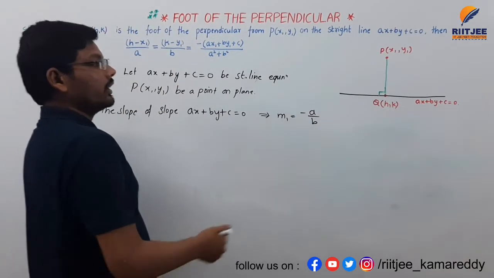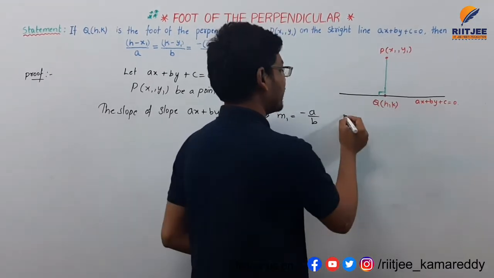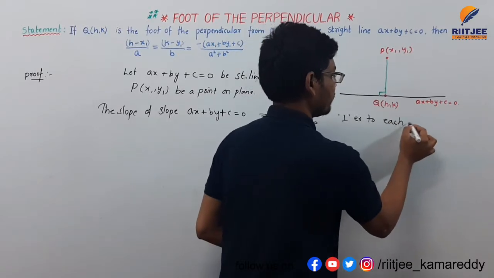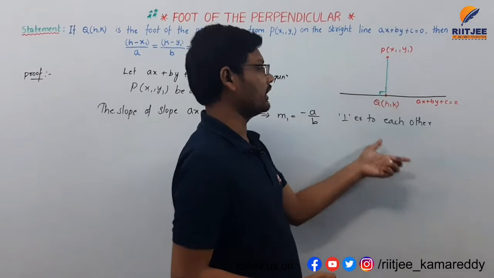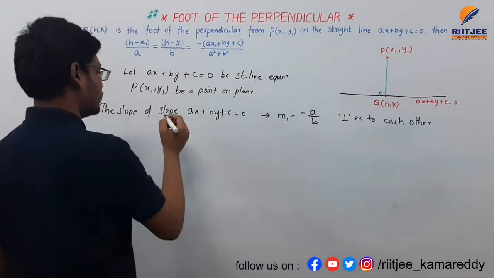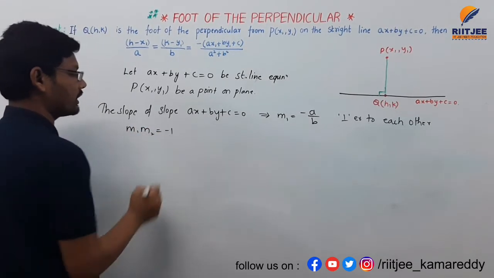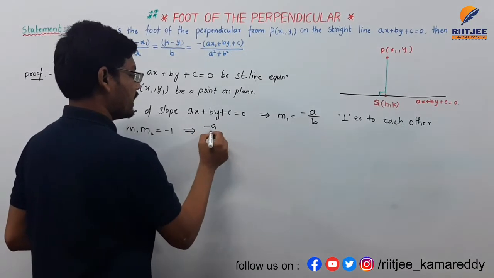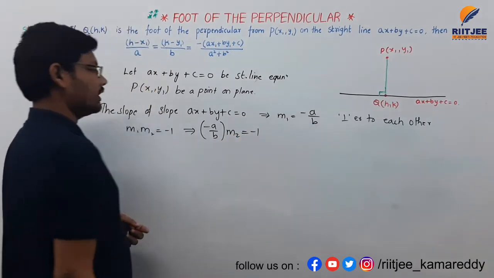And here these two lines PQ and this line are perpendicular to each other. When two lines are perpendicular to each other, m1 into m2 is equal to minus 1. This is the condition. So here we have m1, minus a by b, into m2 is equal to minus 1.